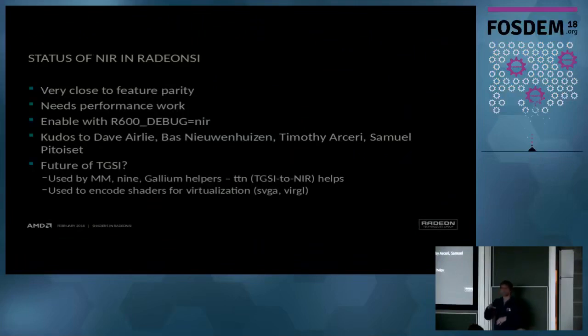And if you have a recent Mesa master driver, you can test it out by setting this environment variable that is mentioned there. Definitely kudos need to go out to Dave and Baz, who wrote the initial translation from NIR to LLVM as part of radv. And then after I did the initial thing as part of my SPIR-V experimentation, Timothy has done a lot of work to get us close to feature parity.